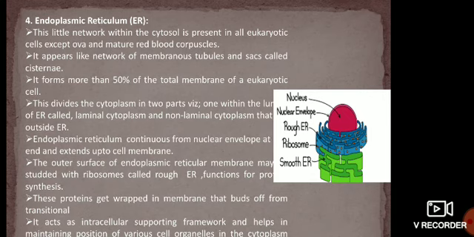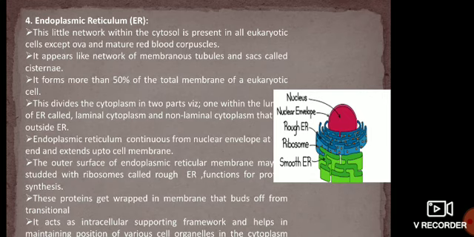ER is present in the eukaryotic cell. It appears like a network, forming membranous tubules and sacs called cisternae. Of the total membrane contributed in the cell, 50% is contributed by the endoplasmic reticulum.